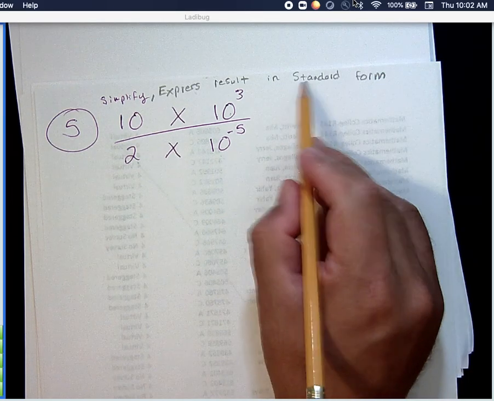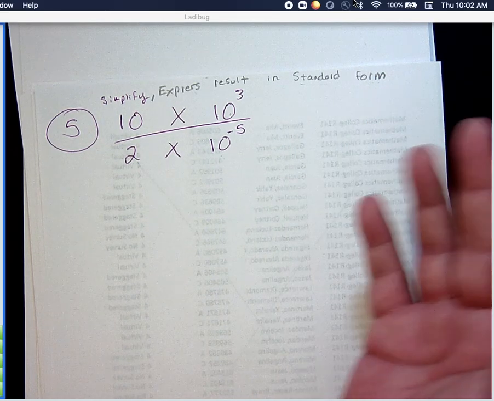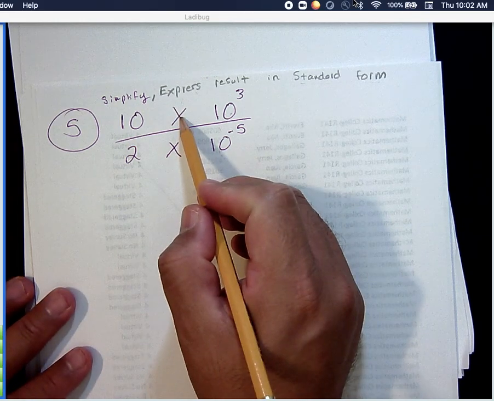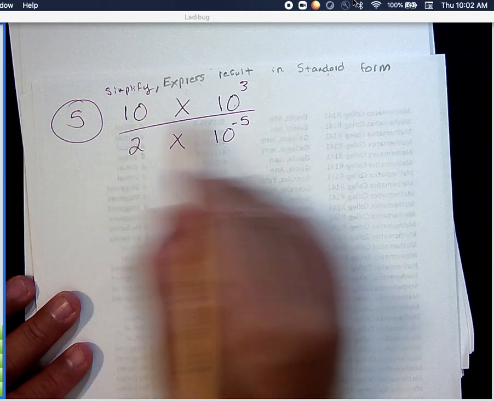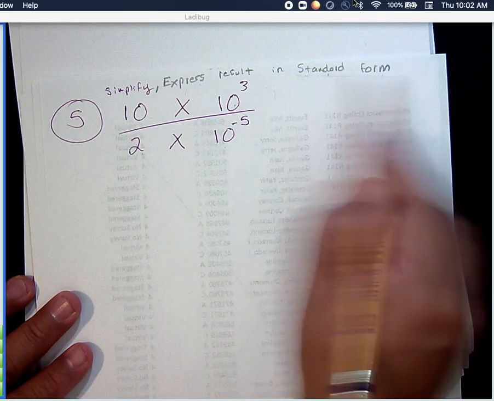So what the standard form means, it's just the numbers that we use every day. This is scientific form. Standard forms are the numbers that we use every day. So they don't want the scientific answer, they want the standard form.